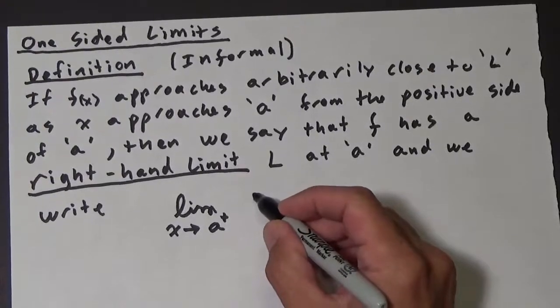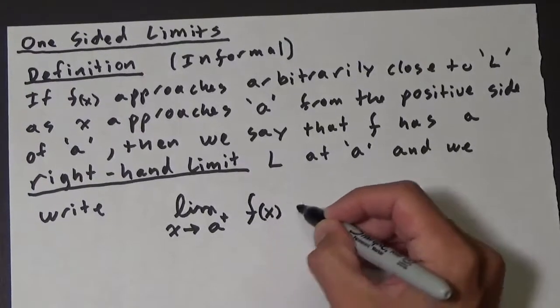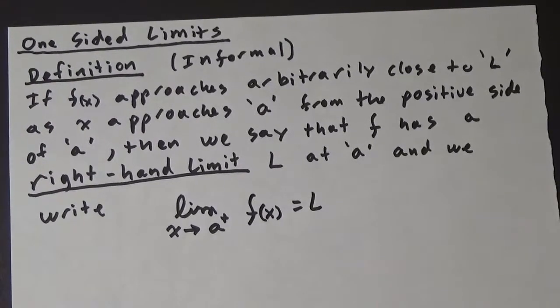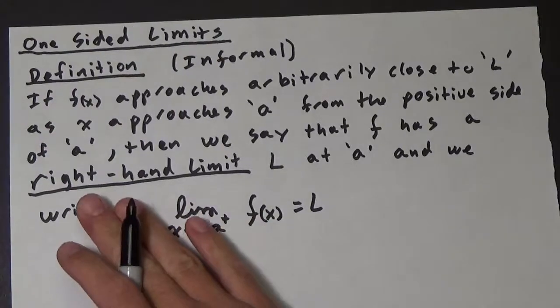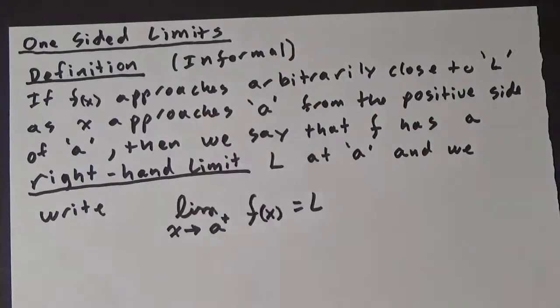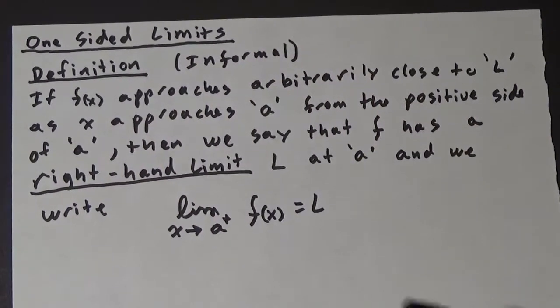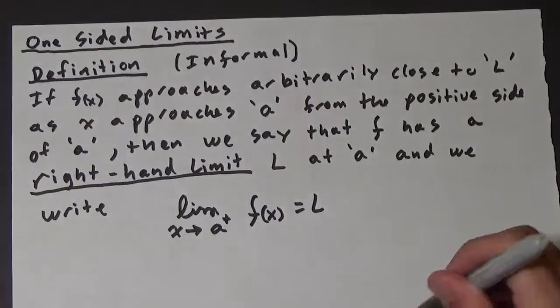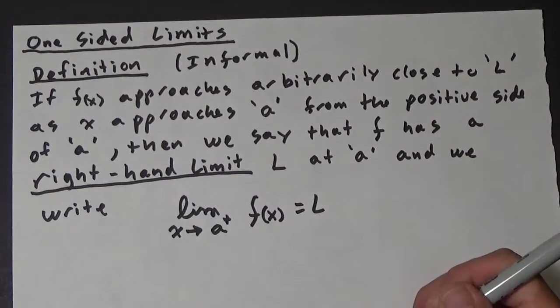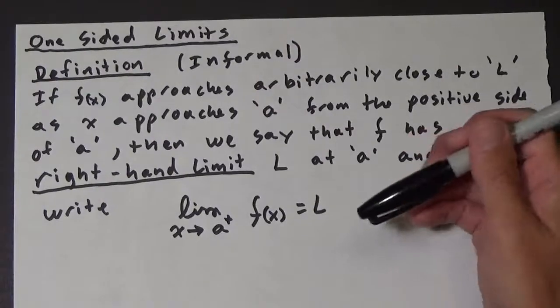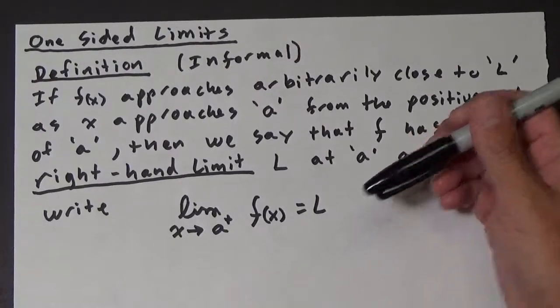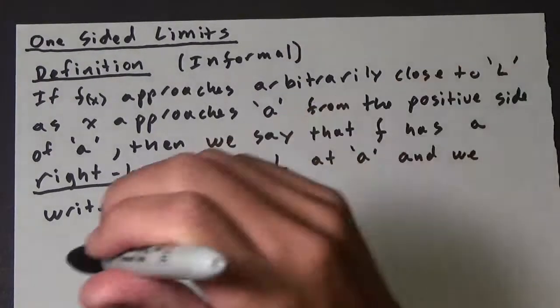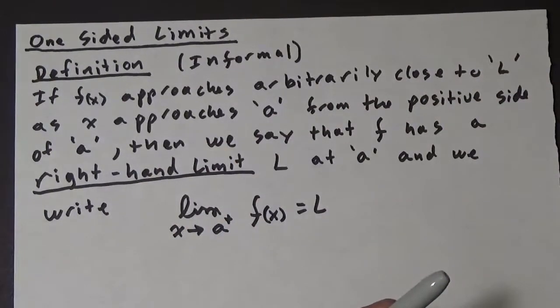F of x equals L. We're going to look at some examples soon, but the whole idea of a one-sided limit is even in the title: instead of coming from both sides of A, we're coming only from the right-hand side or the left-hand side and seeing what happens.